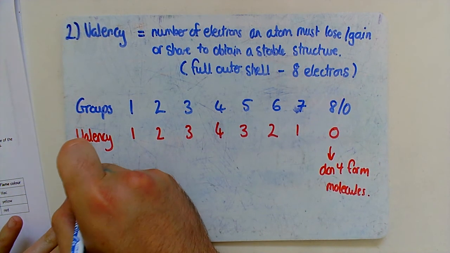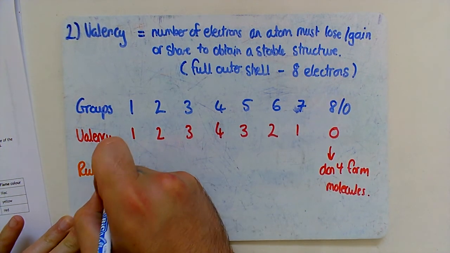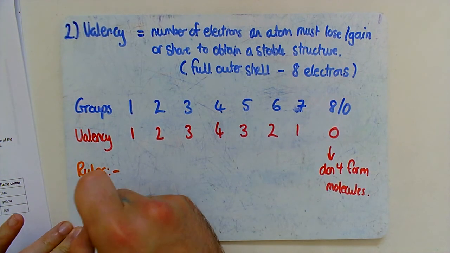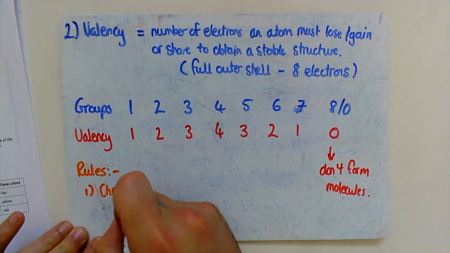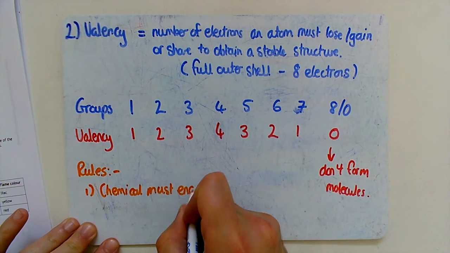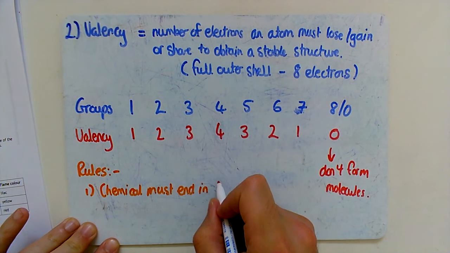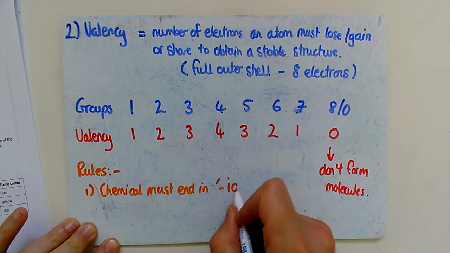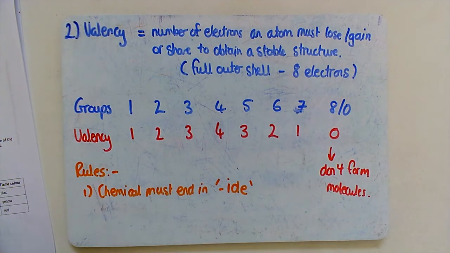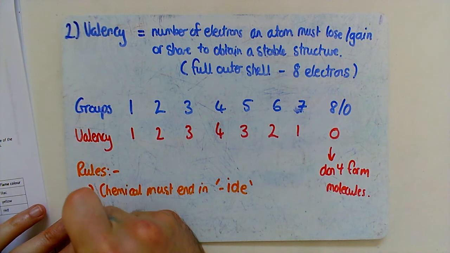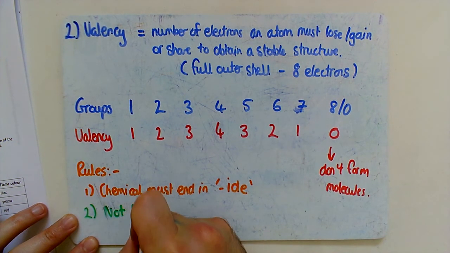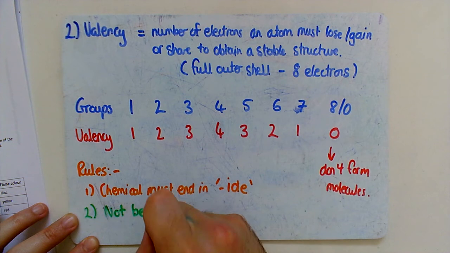So the rules for when you can do this: the first rule is that the chemical must end in IDE, but not be hydroxide.